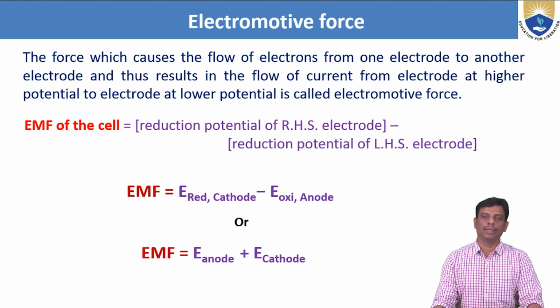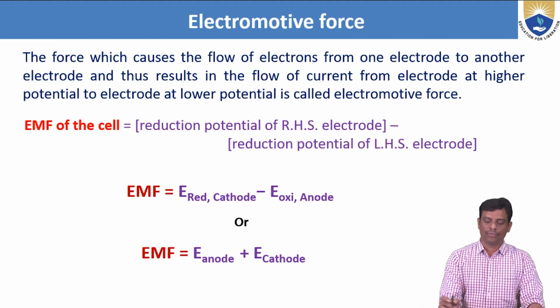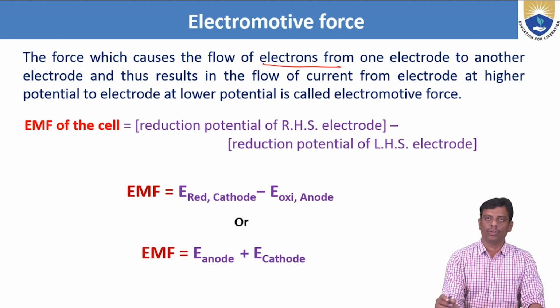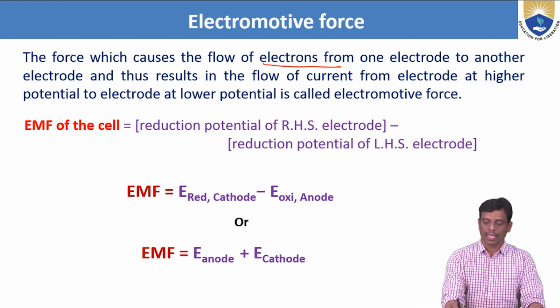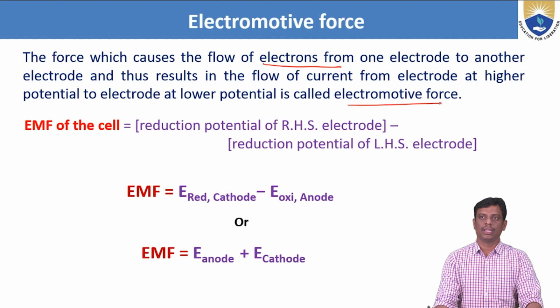It is called electromotive force. Due to the electrons flowing from anode to cathode, a potential will be generated. The potential difference, from higher potential to lower potential, is called electromotive force.